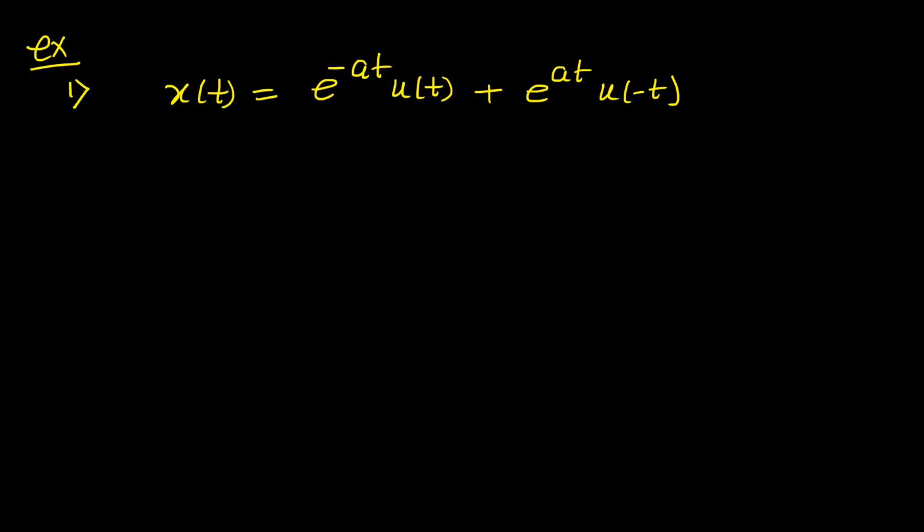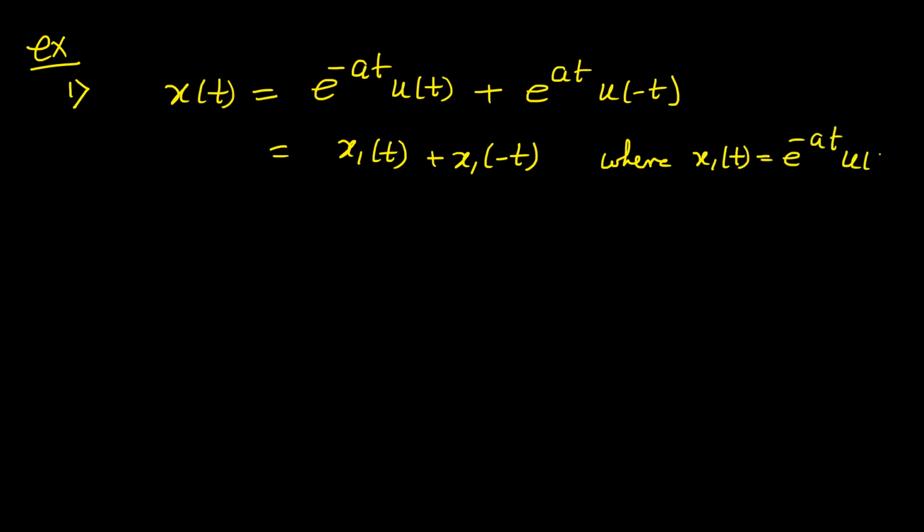Okay, so you see here, if I consider e to the power minus at u of t as x1 of t, then this second term is simply x1 of minus t, where x1 of t I have considered as e to the power minus at u of t.